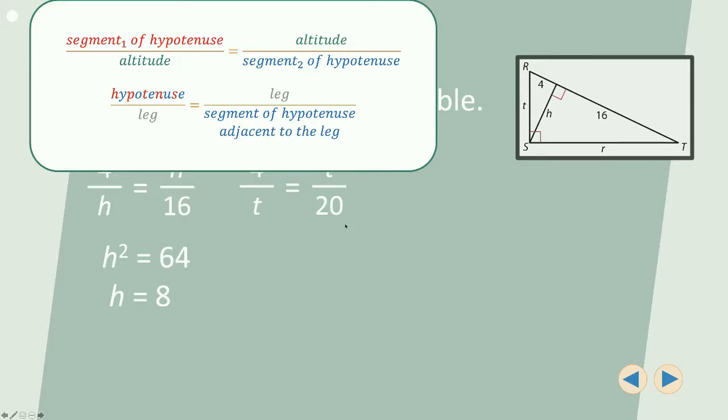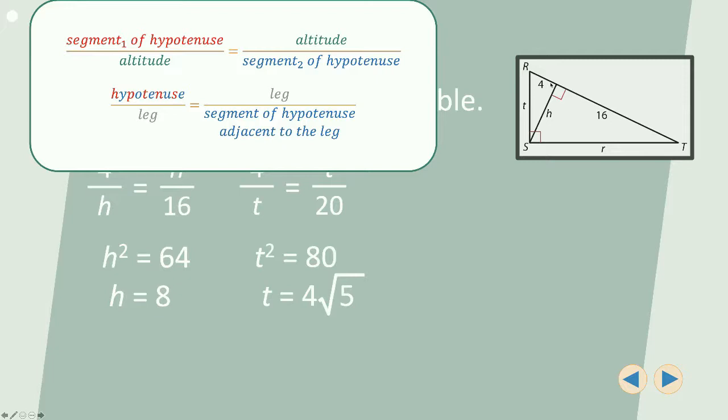So hypotenuse and the segment of the hypotenuse adjacent to that leg. And then once again, we cross multiply, t squared equals 80. You take the square root of both sides, and you get really close to 9, probably 8.9, or if you simplify root 80, you get 4 root 5.